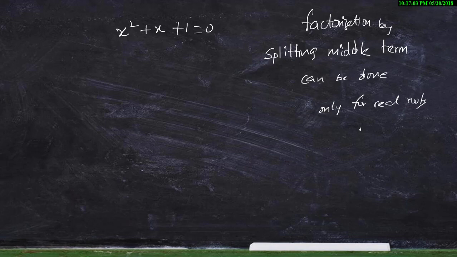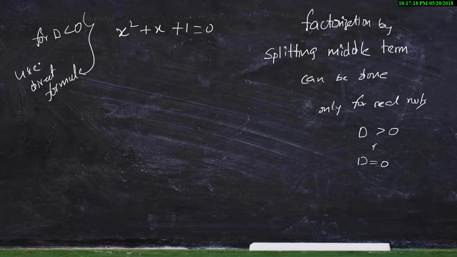That means only for D greater than 0 or D is equal to 0. For D less than 0, use the direct formula. This is a very important step.